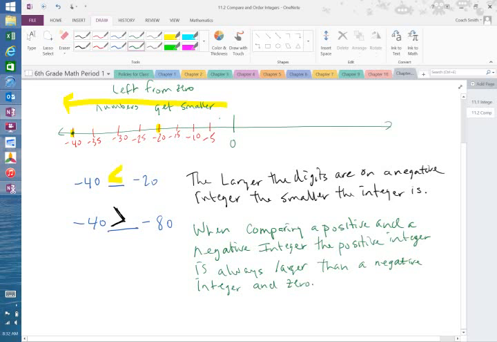So a positive integer is always larger than a negative integer or 0. Doesn't matter what it is.